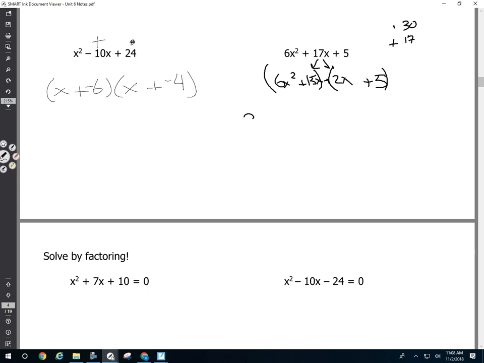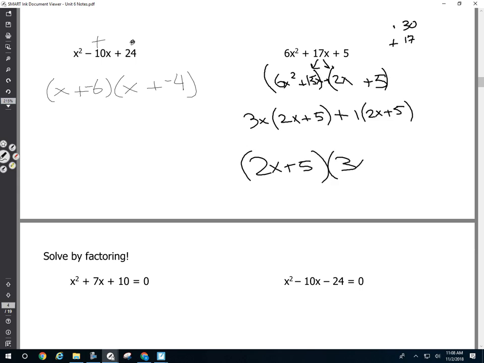I can pull out a 3x from my first terms. I get 2x plus 5. I already have 2x plus 5, but I'm going to make sure I know that I'm factoring out a 1 so that there is something when I pull out 2x plus 5. I then rewrite this as 2x plus 5 times 3x plus 1. We need to know how to factor something like this for this unit.